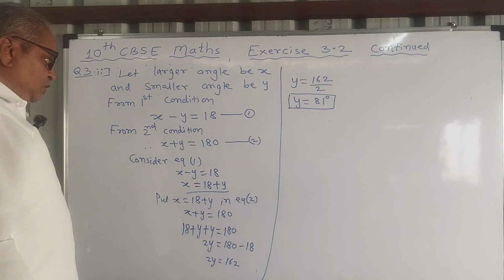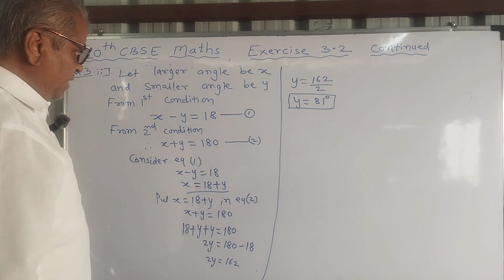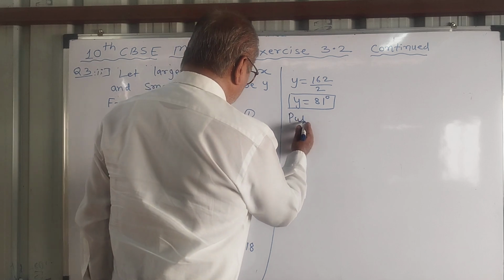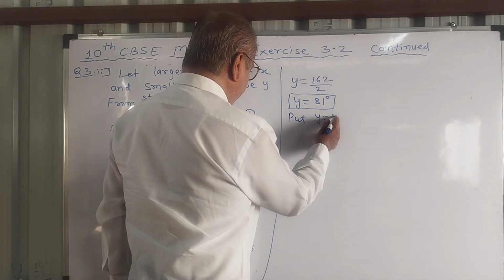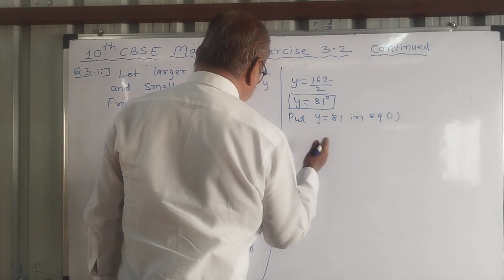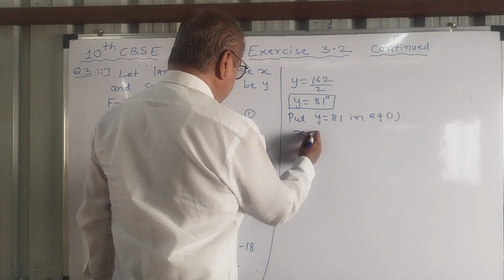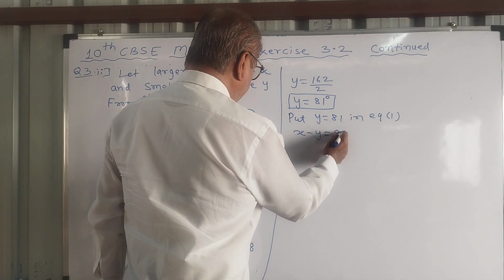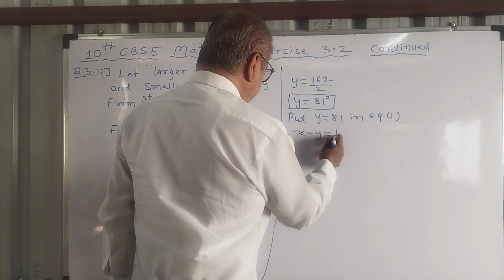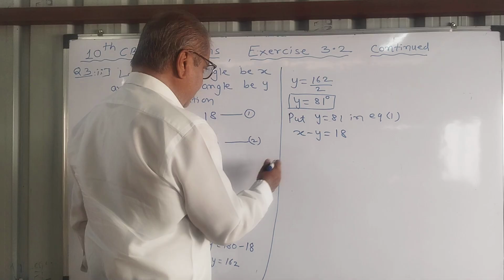Now put y is equal to 81 in equation 1 or 2. Put y is equal to 81 in equation 1. x minus y is equal to 18.